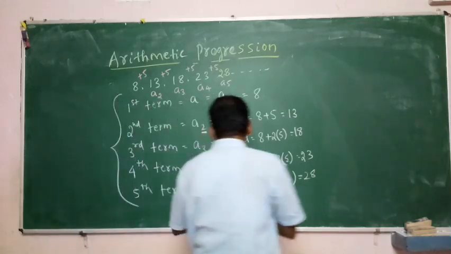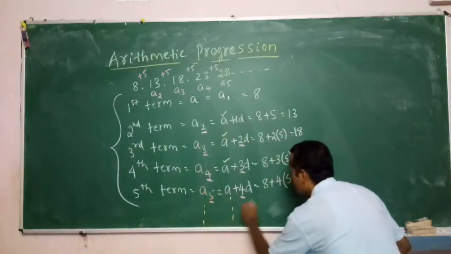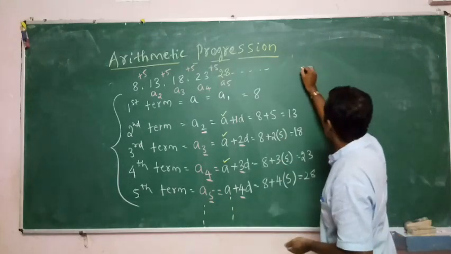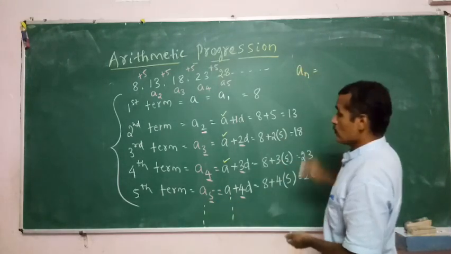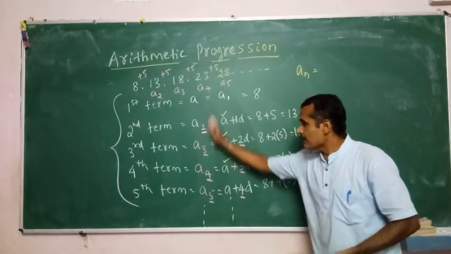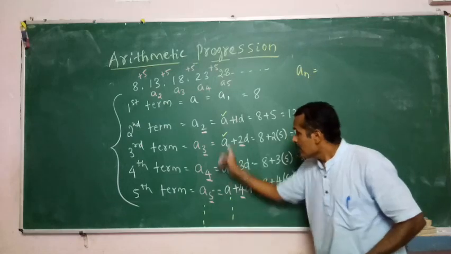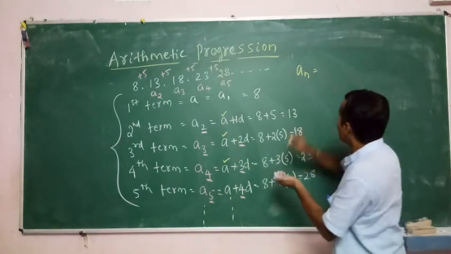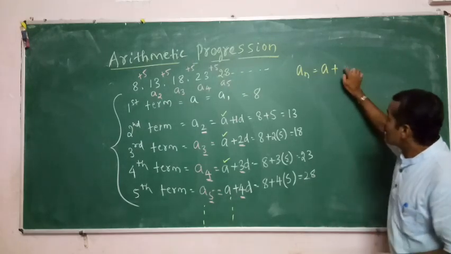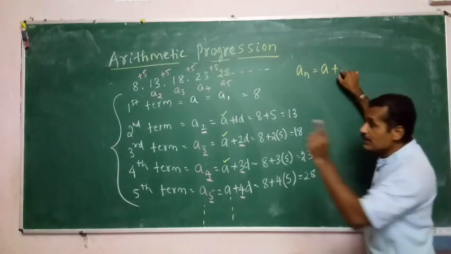So if I continue this table, and if I write An is equal to 3, 4, 5, 6, 7, if I go on increasing, A will be fixed, plus what number will come here? What have we noticed now?